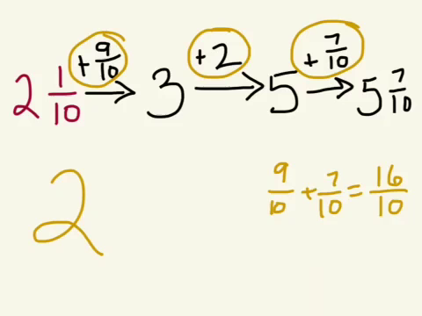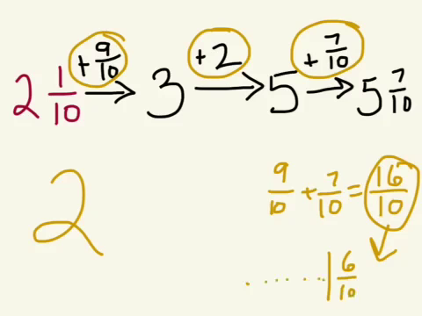A math pro would take this 16/10 and say, well, I could pull one whole group of 10 out of the 16 and have 6 left over. So that means that I have one more whole number to add to the 2 that I already have, and then 6/10.